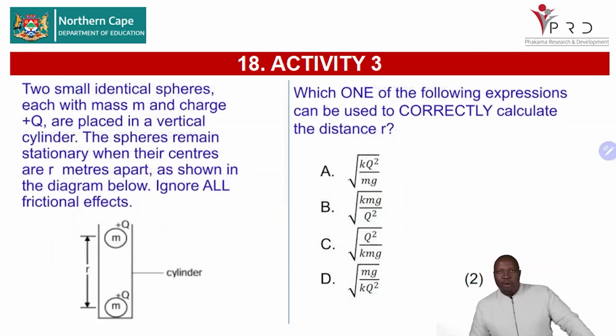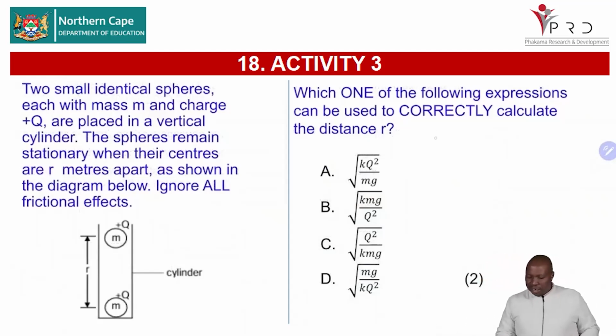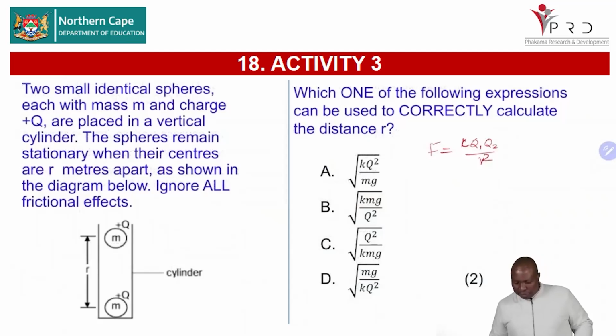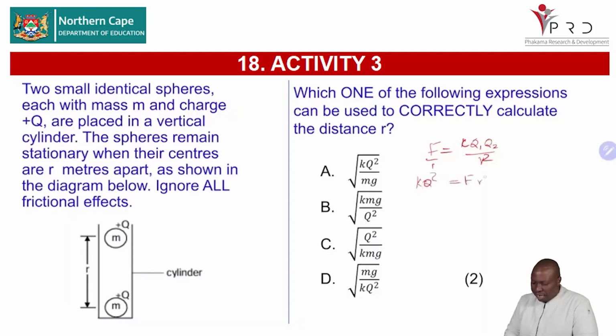Important. Now, you know our formula is F equals KQ1Q2 over r squared. In terms of looking for the formula to calculate r, you will cross multiply. If Q1 and Q2 are equal, you will get KQ squared. So you're going to have KQ squared equals F r squared.